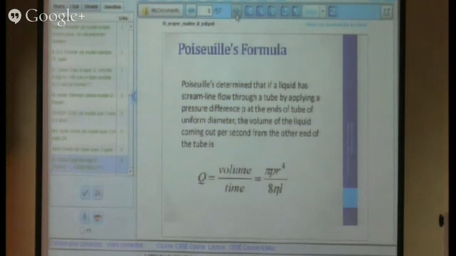Notice this very important thing, that the radius comes with the power 4. That means a slight change in the radius is going to bring a large change in the rate of flow. Coefficient of viscosity is in the denominator. That means if there is more coefficient of viscosity, the rate of flow is going to be less. Of course, the length also plays a role here.